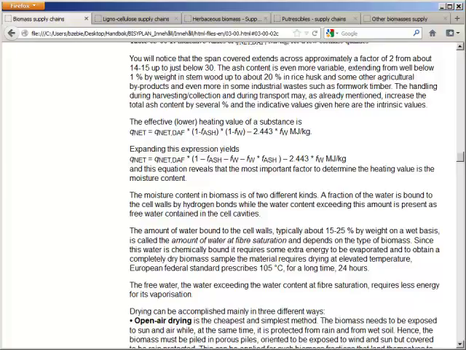The same thing applies if the material is transported in open containers on a dry dirt road, so that road dust accumulates in the container. That's again logistic ash or extrinsic ash added through the logistics and handling.